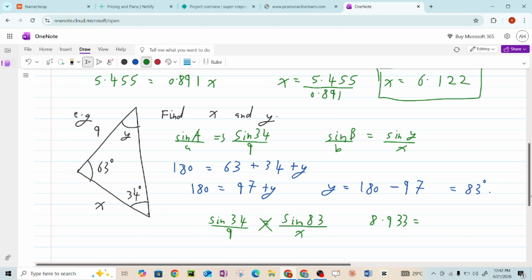So sine 34 is 0.56 times x. And finally, x is equal to 8.933 divided by 0.56. So 8.933 divided by this is going to give us 15.97 as our answer.